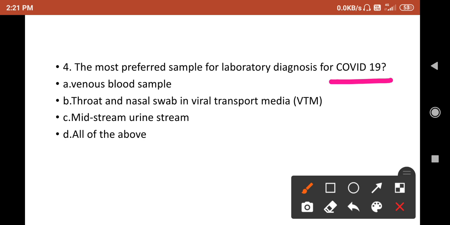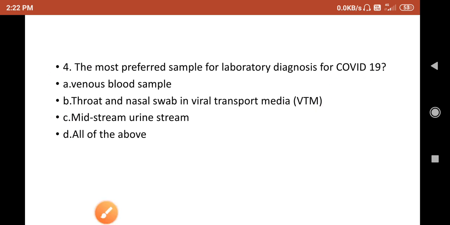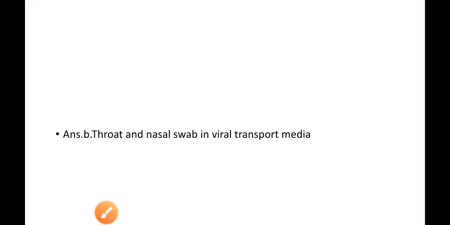The most commonly used test for respiratory conditions is option B, throat or nasal swab in viral transport media. So the most preferred sample for laboratory diagnosis of COVID-19 is throat or nasal swab in VTM.